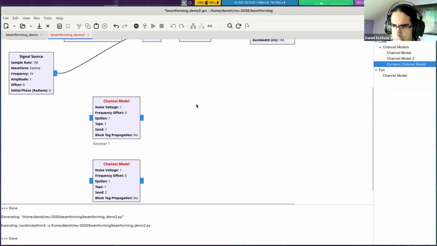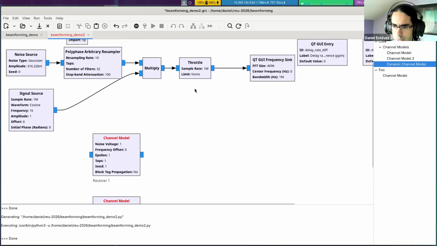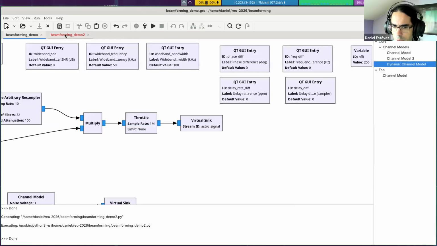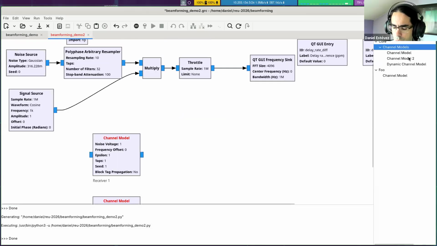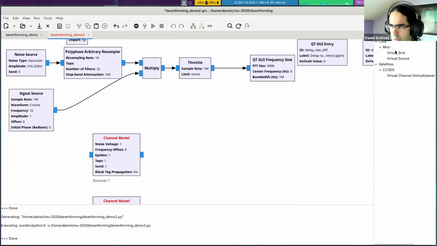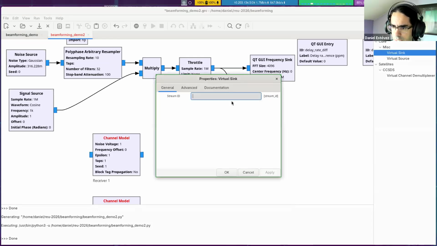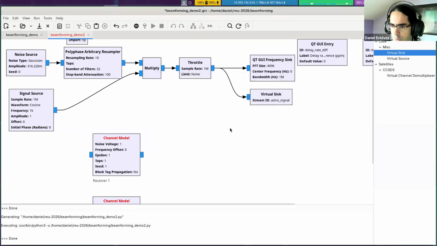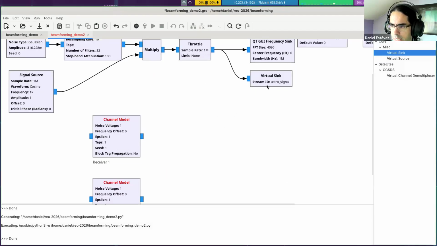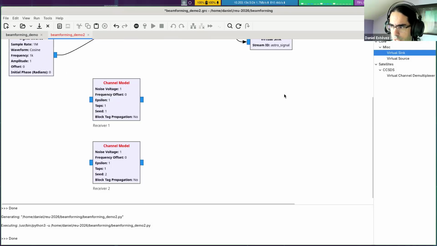And then something else, I want to connect the two receivers, and just because I have it on my flow graph here, I will show, I don't remember if I showed it already. I think I have this virtual sink and virtual source. Yeah, I did. So to keep this more tidy, I'm going to create a virtual sink, which is called astro signal.